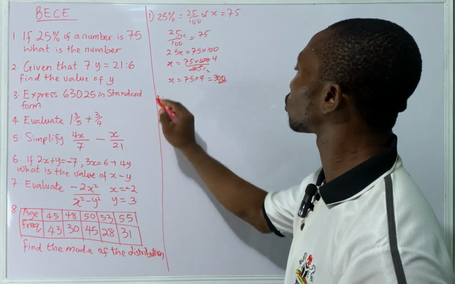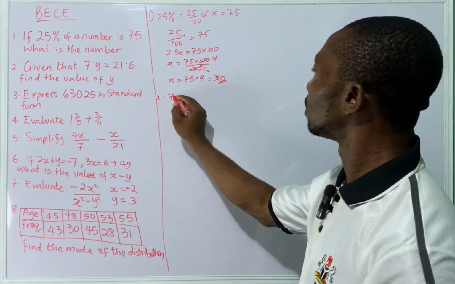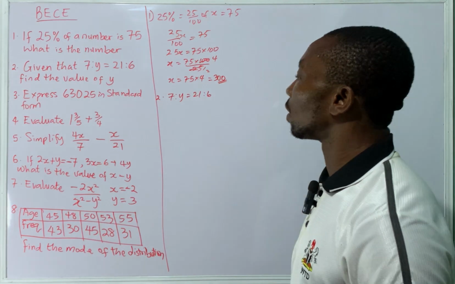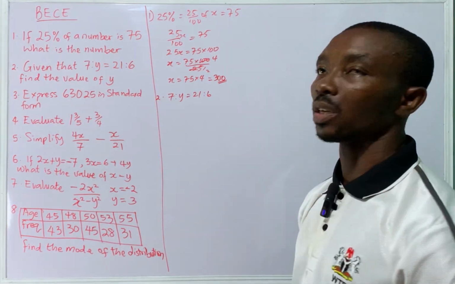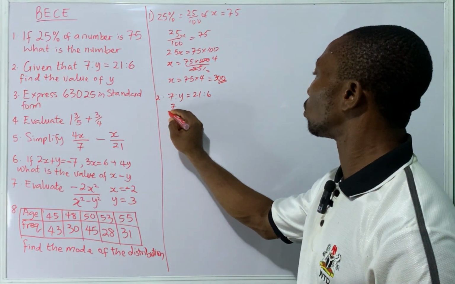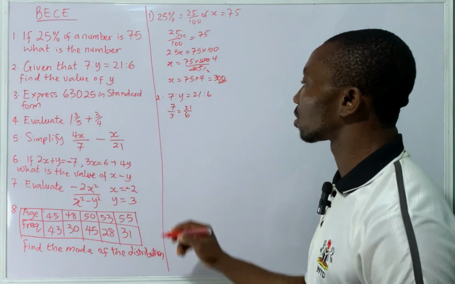Now, for question 2, it says, given that 7 is to y equals 21 is to 6, that we should find the value of y. Okay, let's put this in fraction form. We have it as 7 over y equals 21 over 6.